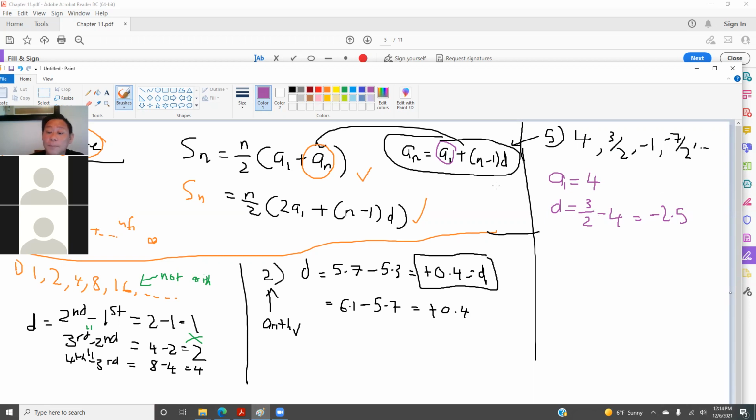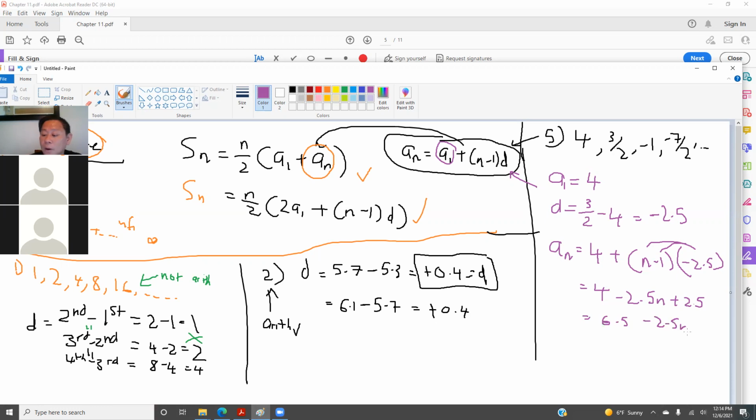And then what you do here is plug all this back into the formula. So AN in this case will be 4 plus N minus 1 times -2.5. And then you simplify this. So 4 minus 2.5n plus 2.5. Two negatives become positive, and then you add the 4 and 2.5, you get 6.5 minus 2.5n.